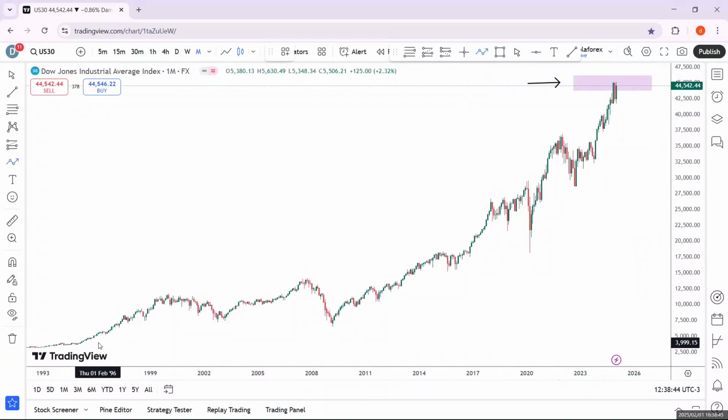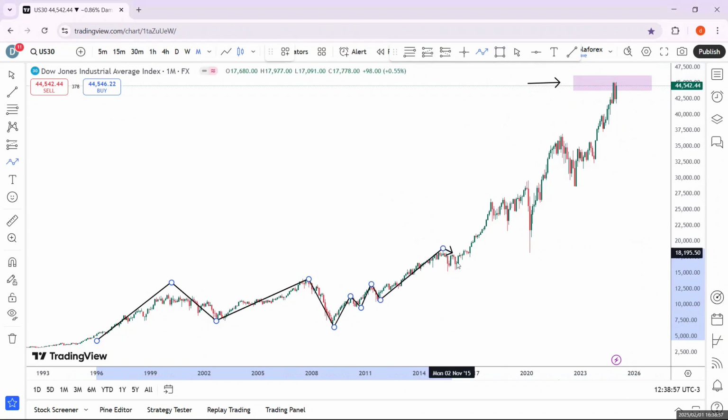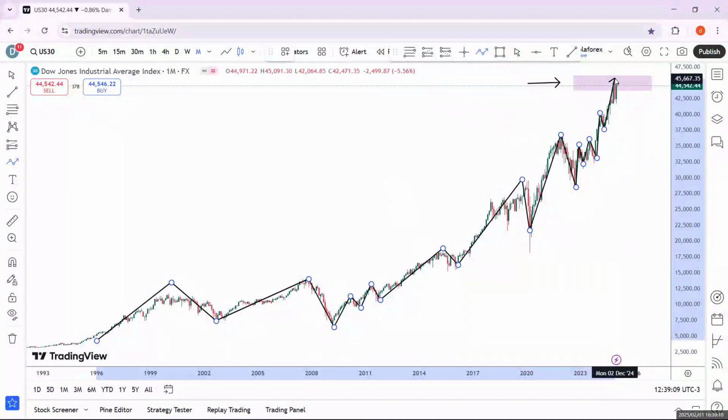Let's read the structures. We can see price out on big fractals here of push, exhaustion, right here. Then price now began making small fractals of push, exhaustion. It started with big fractals, push, exhaustion, made another big fractal, push, exhaustion, then made small fractals of push, exhaustion, then the smallest fractal here of push, exhaustion, push.